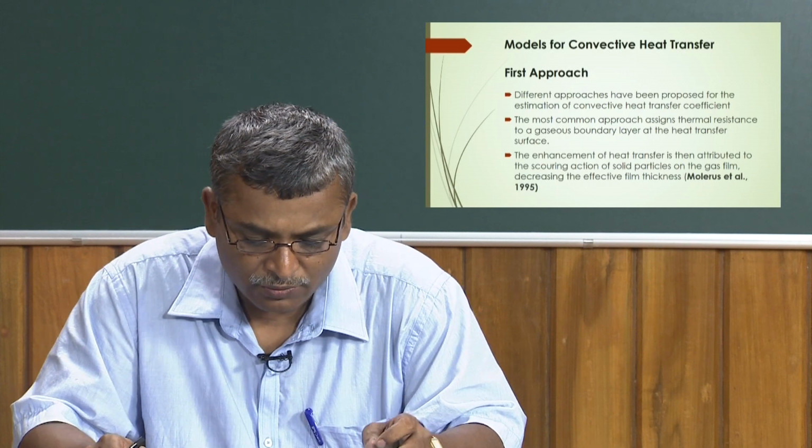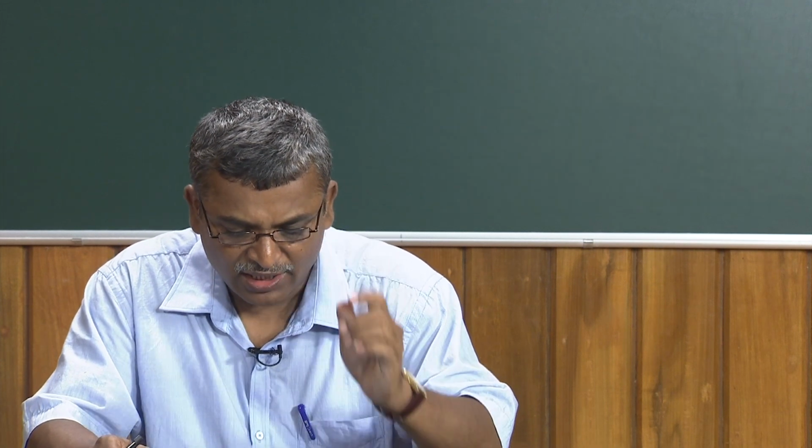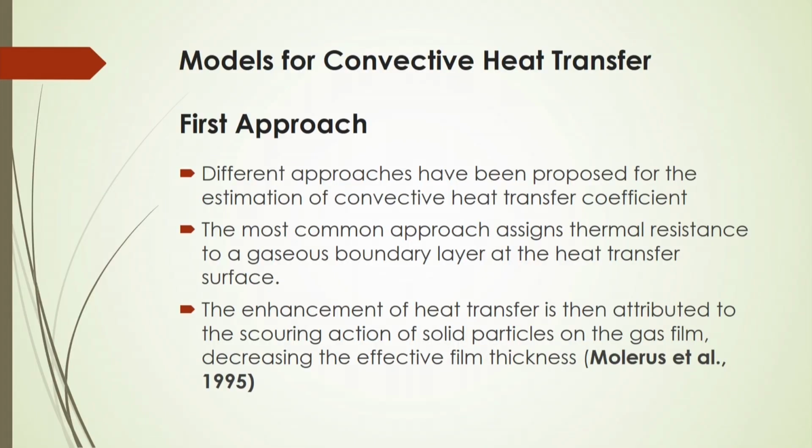So, the first approach demonstrates the enhancement of the heat transfer in the bubbling fluidized bed by the scouring action of the solid particles on the gas film, because of which the effective film thickness decreases, and hence the heat transfer will be enhanced.